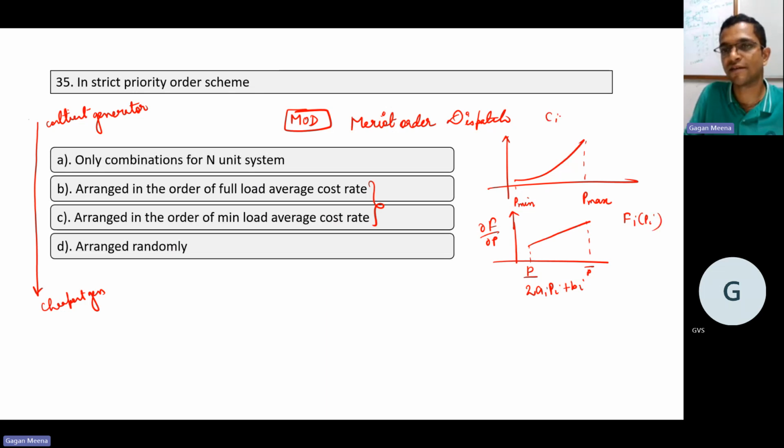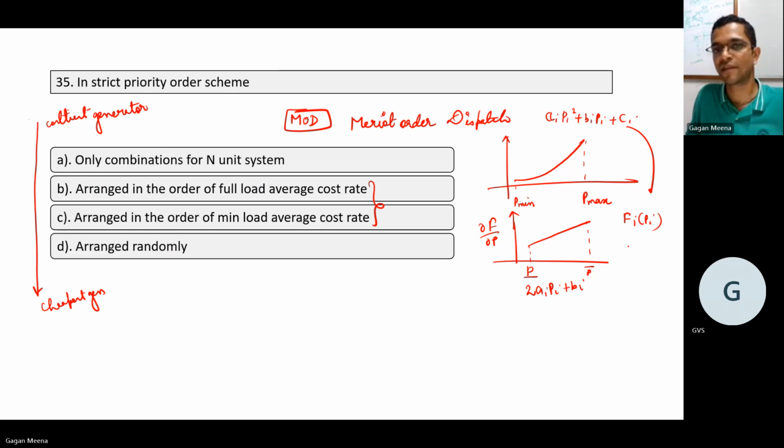We have Fi(Pi) = Ai Pi square plus Bi Pi plus Ci. We calculate this cost, right? And then why is it called average? We divide it by the Pmax, the installed capacity. This becomes the full load average cost. It is normalized by the maximum, the installed capacity. So we will get this cost.